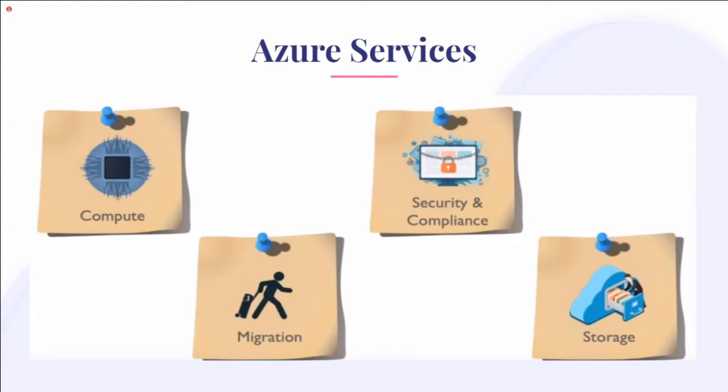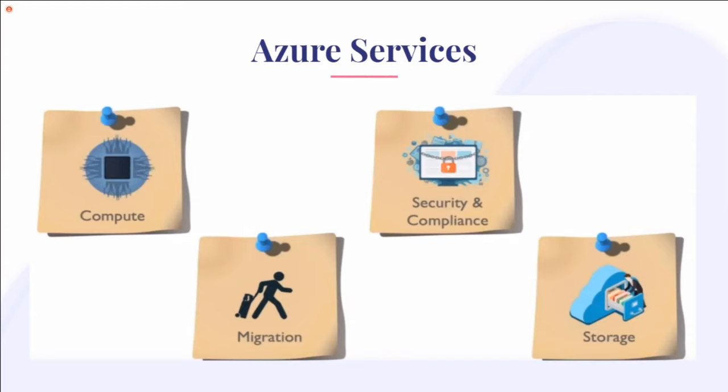The fourth service is a major service, that is storage. Azure Storage has 4 types of storage. One is blob, second is files, third is queue, and fourth is table. Let's understand one by one what exactly these 4 storage types are meant for. Blob, a massively scalable object store for text and binary data.